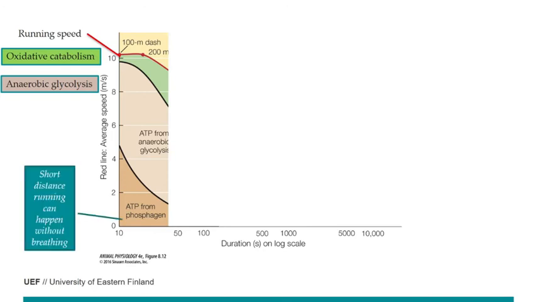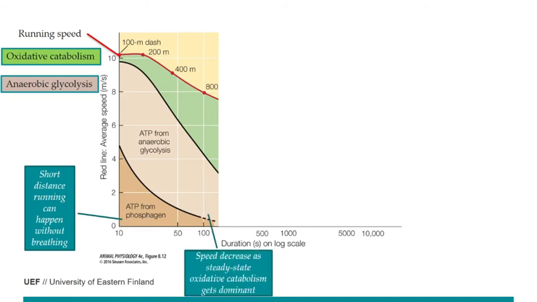So actually, in short-distance running, we can do it completely without breathing, because the energy metabolism of oxidative catabolism is too slow to respond. Then, if the distance is longer, we have already lost the phosphagen, and the speed is decreasing, because then steady-state oxidative catabolism gets dominant. And because it's not working faster, that's why we can't run so fast.